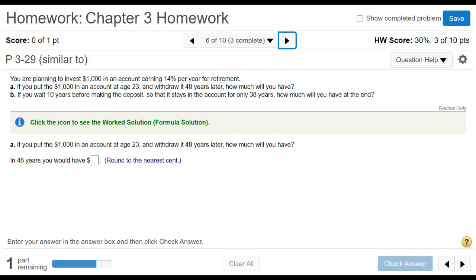Absolutely. So let's work it out. Let's see. N equals what? 48. Okay, you keep going. Let's see. We're going to find out.